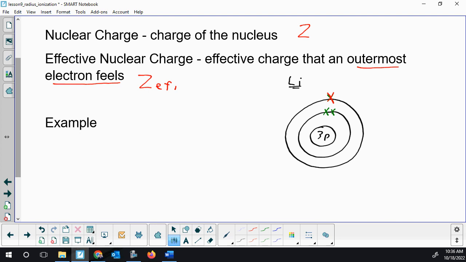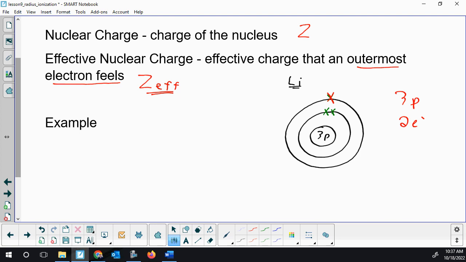So what we really care about is Z effective. That would factor in the 3 protons that are attracting. But then we've got those 2 green electrons. We've got 2 electrons that would be repelling the red electron. Z effective factors in the 3 protons pulling and the 2 electrons repelling.